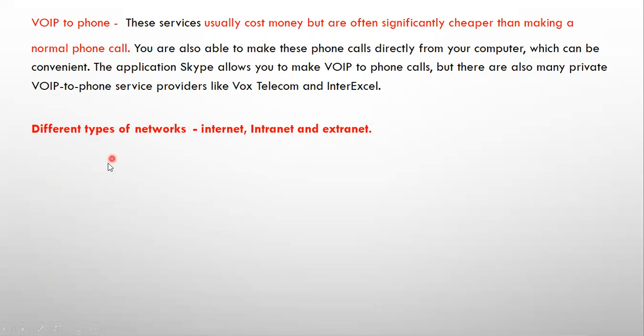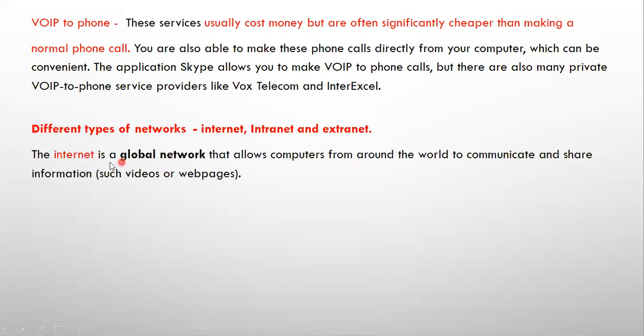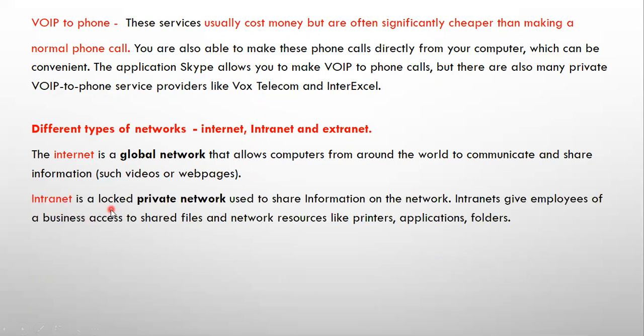Now, the different types of networks: you have internet, intranet, and extranet. The internet is a global network that allows computers from around the world to communicate and share information, such as videos or web pages. Now, your intranet is a locked private network, generally owned by a company.